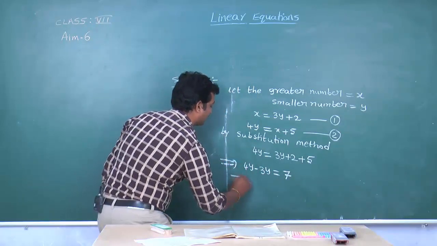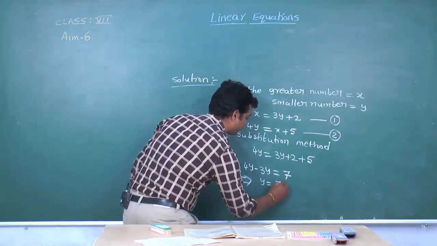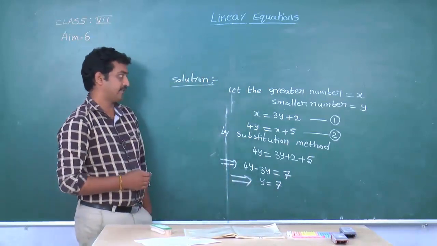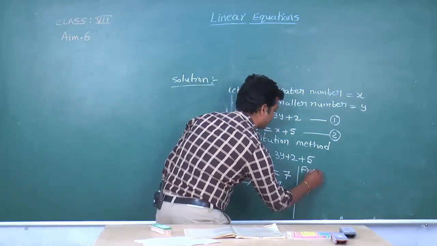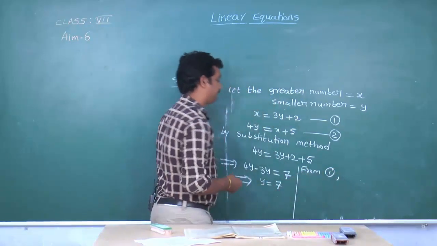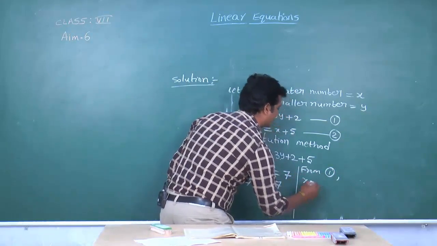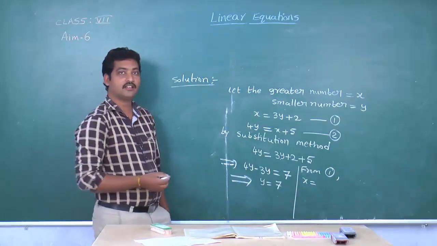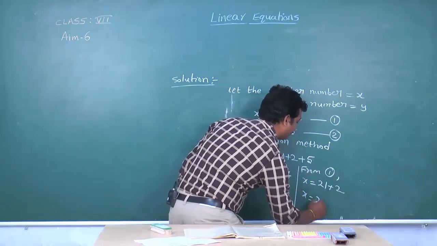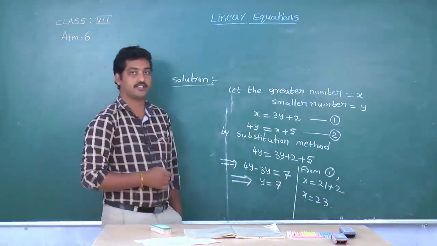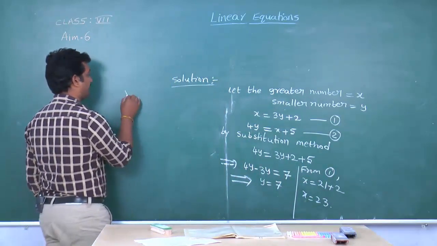That implies y is equal to 7. From 1, we will get x as 3 times 7 plus 2, that is 21 plus 2, which is equal to 23. x is equal to 23. And verification, we need to verify.